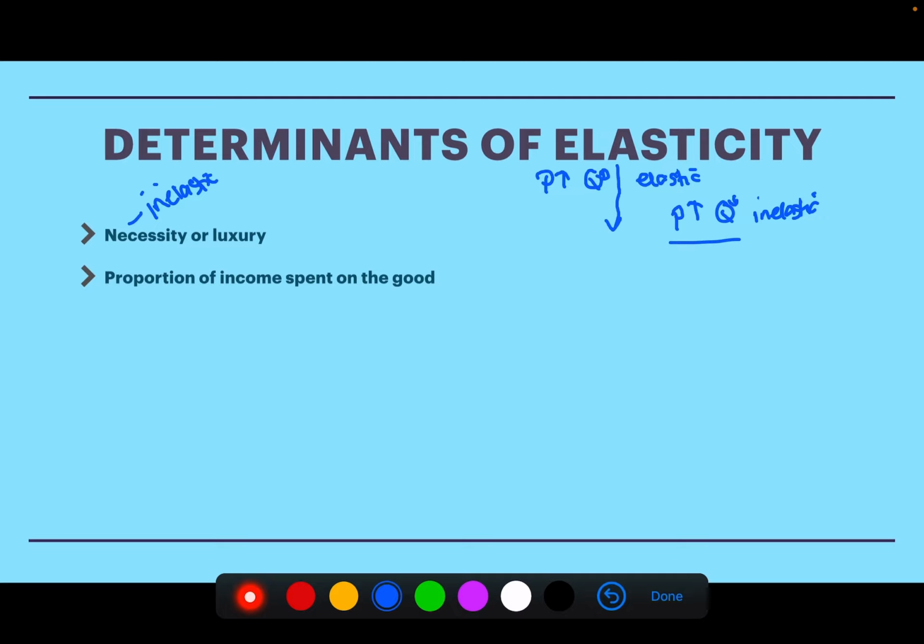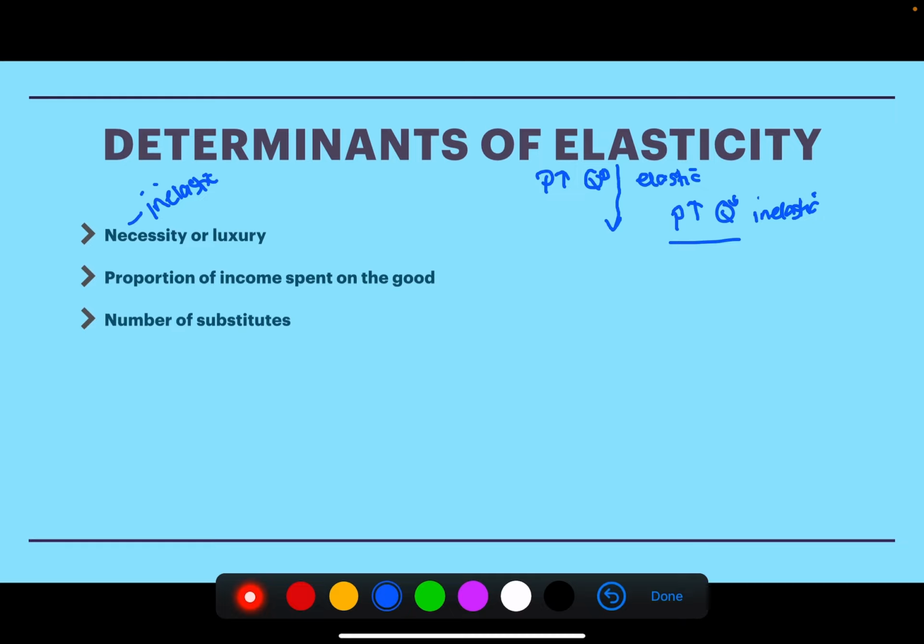So the PED is going to be inelastic because it's a small proportion of your income. Think about a holiday. A holiday takes up a big proportion of your income. So if the price of a holiday goes up by 10%, that's going to be really noticeable, and therefore you're probably going to cut down your consumption.